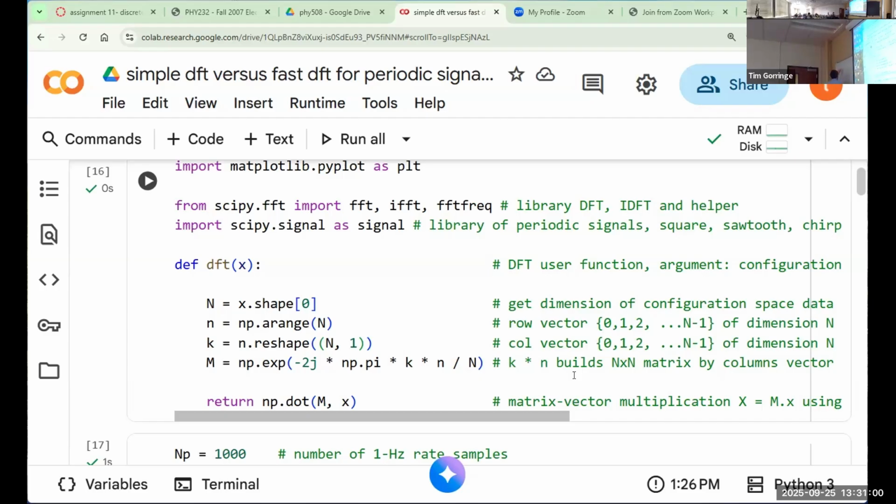Supposing I had a row vector and then a column vector, and I multiply them this way. But I go whack, I get one number. That's one number. If I multiply them this way around, there's a lot of multiplications that are going to go on here.